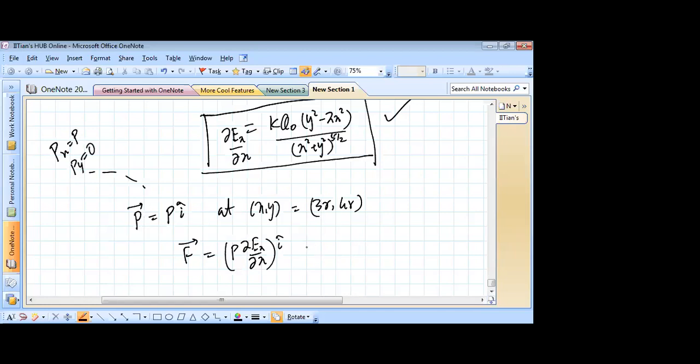So it will experience a force which will be only along the x-axis.